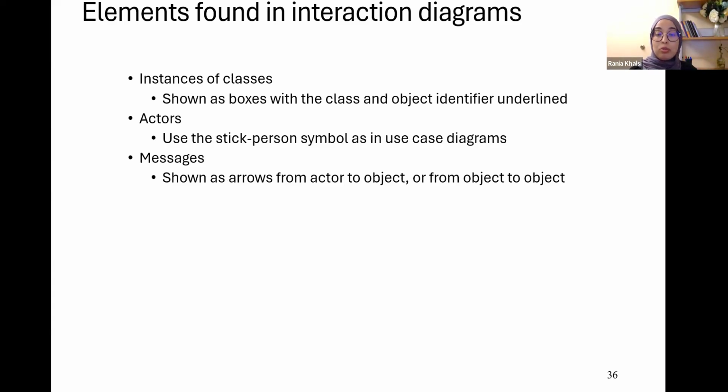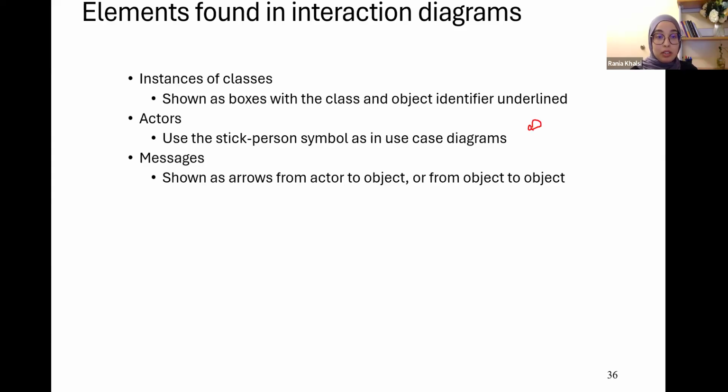We call them also objects. We also have actors, who are in general those we illustrate with the stickman or stick person symbol, the same as in the sequence diagram.